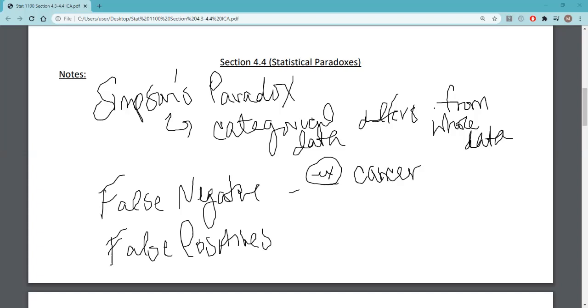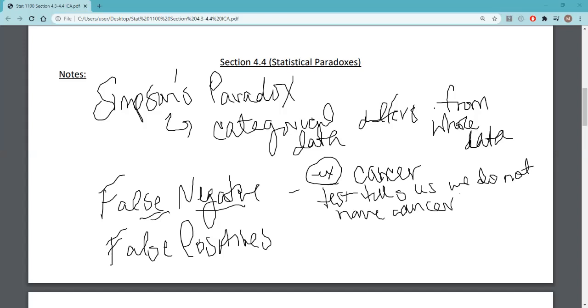A false negative is going to be when the test tells us that we do not have cancer, but since that negative is false, what that means is that we do actually have it. So just because the test didn't find it, we cannot say that we do not have it in this instance. We have a false negative.